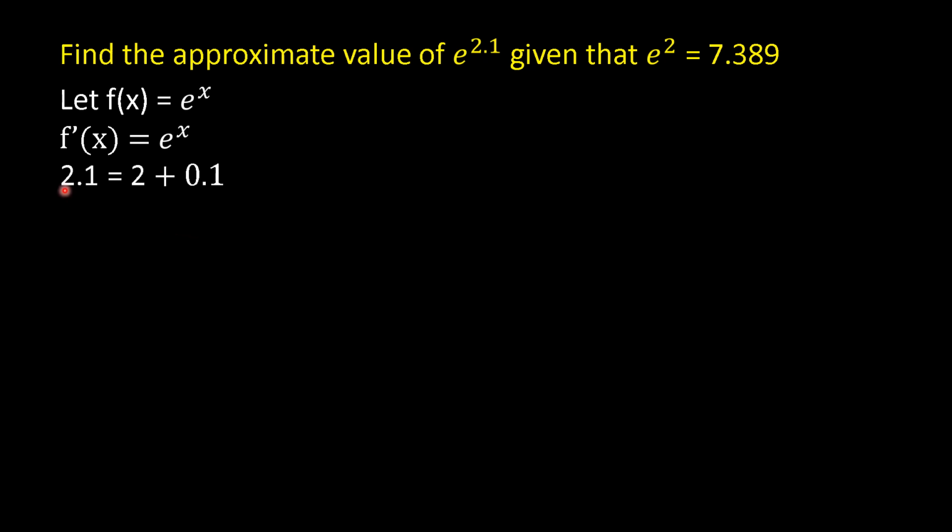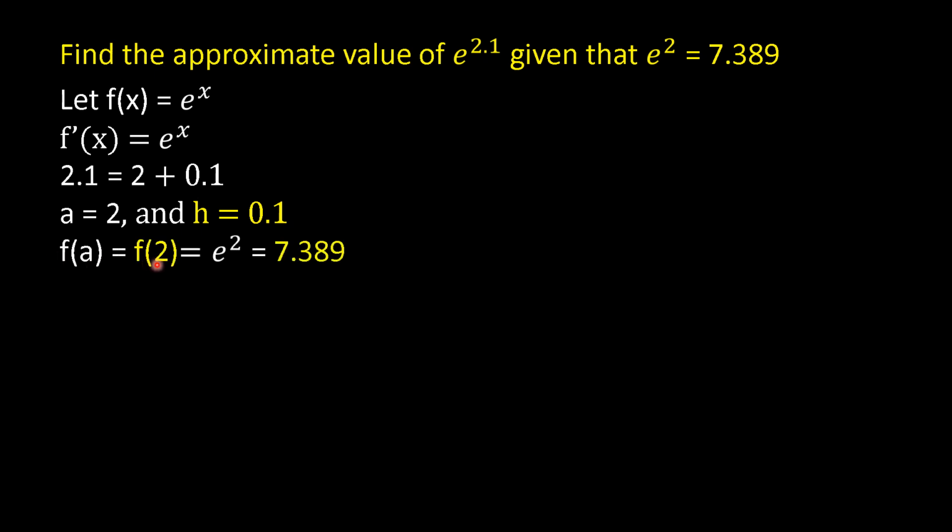Now we will split 2.1 as 2 plus 0.1 and write a equals 2 and h equals 0.1. F(a) will be f of 2, which will be e squared, which is given to be 7.389. F dash a will be f dash 2, which will be e squared, which will be 7.389, given value.